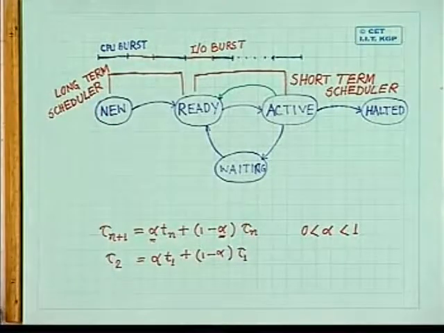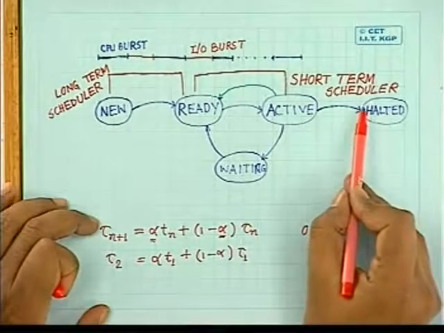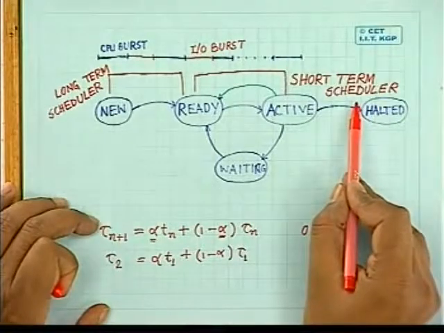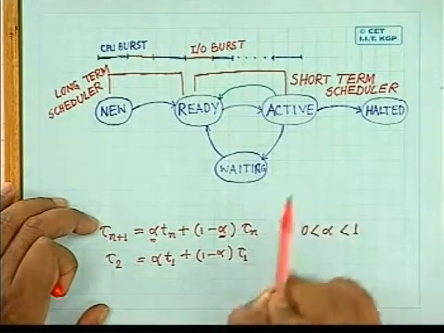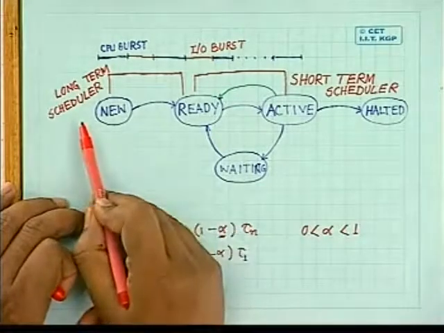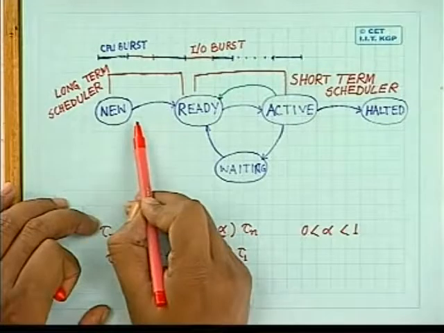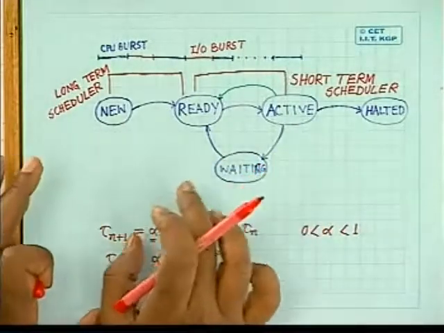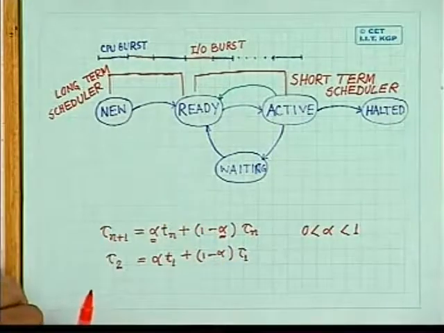So in a system, I can have two kinds of schedulers. One is a short term scheduler which decides which job has to be given to the CPU for execution, and the other is a long term scheduler which decides what jobs should reside in the main memory. That means what jobs should be there in the ready queue.